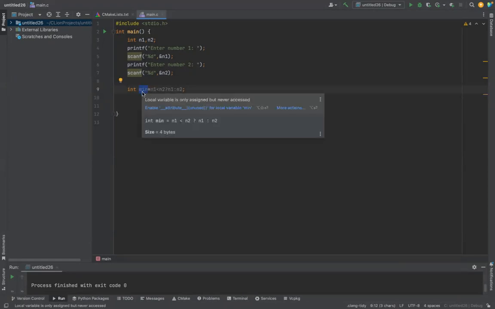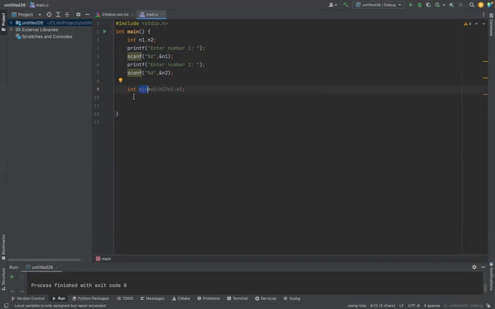Okay. Now what we have to do, we have to start from a counter variable 1. Let's say int counter variable 1, start from 1 until 10.